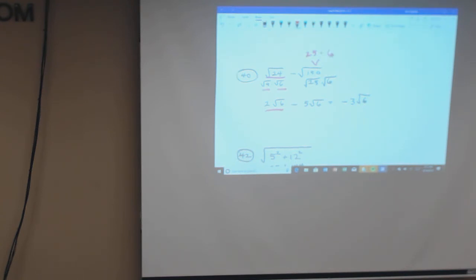What's going on here? Goes from too small to too large. So that becomes 5 radical 6. Now I have 2 of these minus 5 of these, which gives me negative 3 of these. Everybody see what's happening?